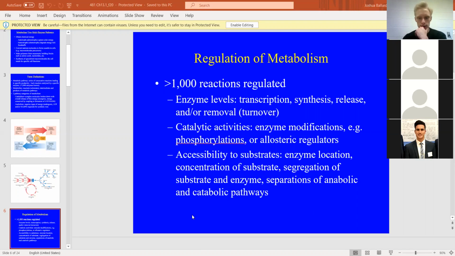Now, this is the mother lode of all the questions that Dr. Graves will be providing. Let's see here. You pull up 14.1. So glycolysis.